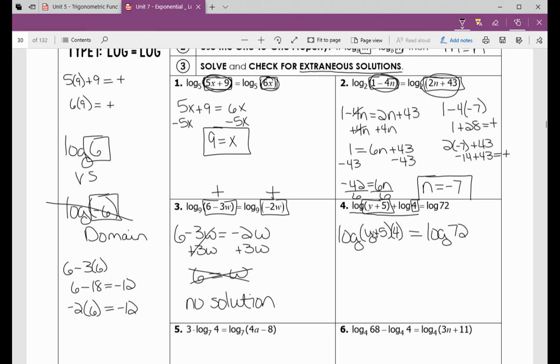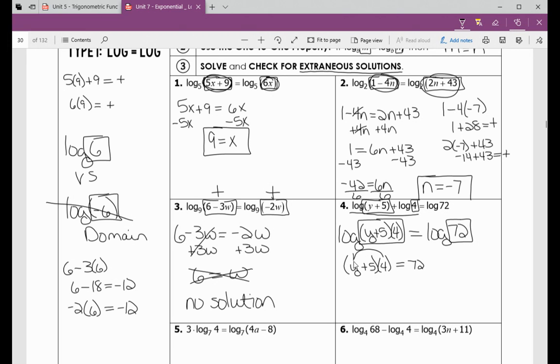Now, although this is being multiplied together, I have one log equal to one log. Do y'all agree? So I am going to set these numbers equal to each other. So y plus 5 times 4 equals 72.